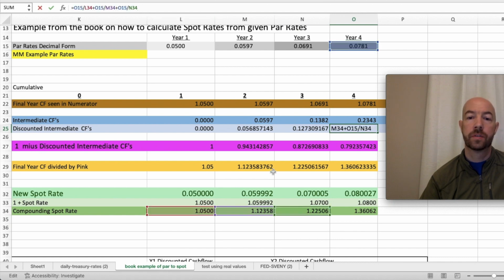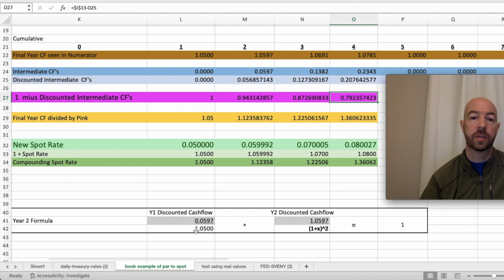You add all those individual cash flows discounted by their respective spot rates. Then you take 1 minus the intermediate cash flows, just like we did here. This was our intermediate cash flow, so we take 1, subtract it, and this becomes a number less than 1.